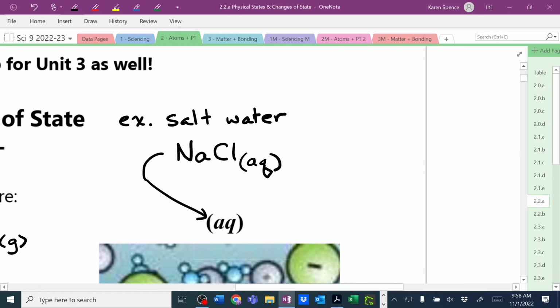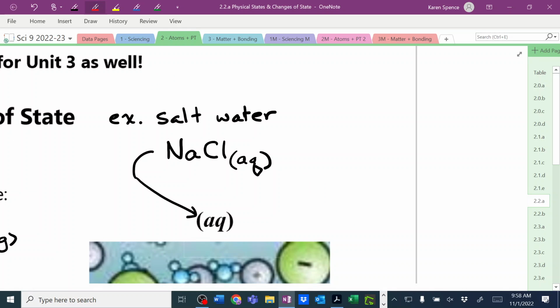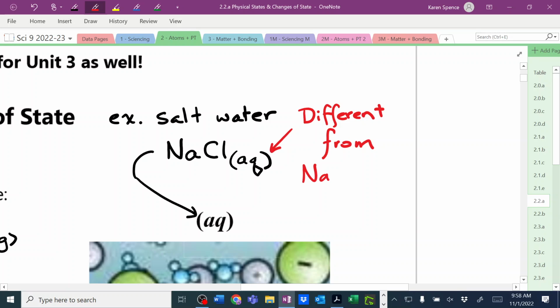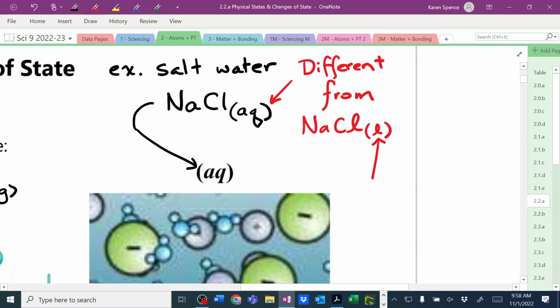Okay? So this is different from sodium chloride liquid. This would mean we heated it up and melted it.